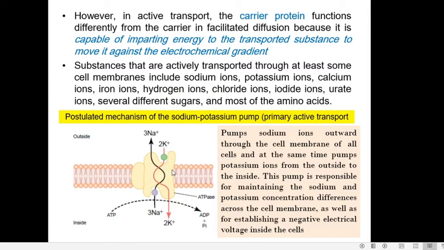So, here we can see a pump. This is a protein which is integrated as part of this membrane, and it acts like a pump. This is called the sodium potassium pump.